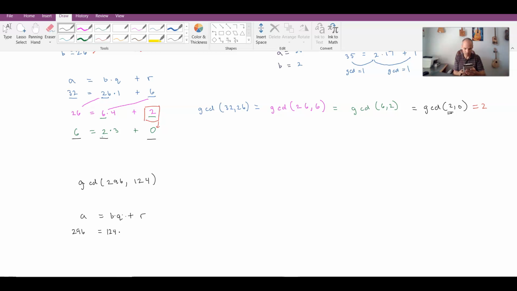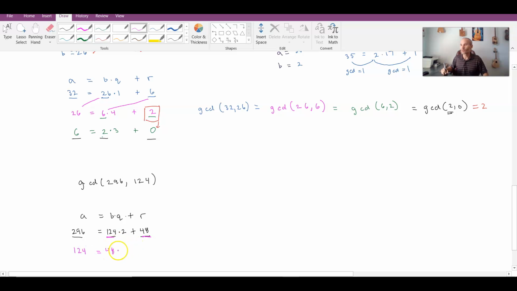296 divided by 124 comes out to 2.4, which means that 124 goes into 296 2 whole times, and then I can do 296 minus 124 times 2 to give me the remainder, and that gives me a remainder of 48. So now the GCD between A and B is the same as the GCD between B and R, so I'll copy those down to the next line, and now focus on 124 and 48.